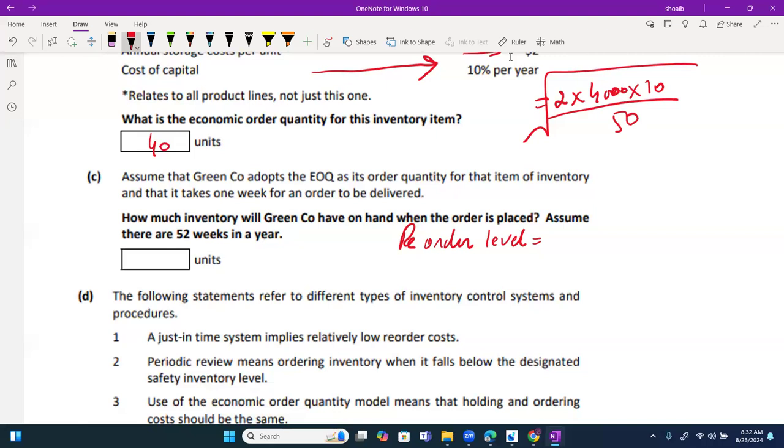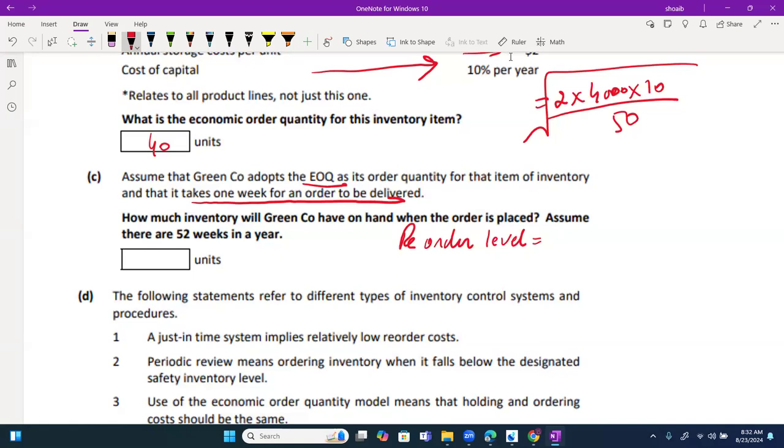Okay, so that means you should have at least 1 week of inventory if you're placing the order. Because look at the wording: assume Greenco adopts the EOQ, and that it takes 1 week for an order to be delivered.